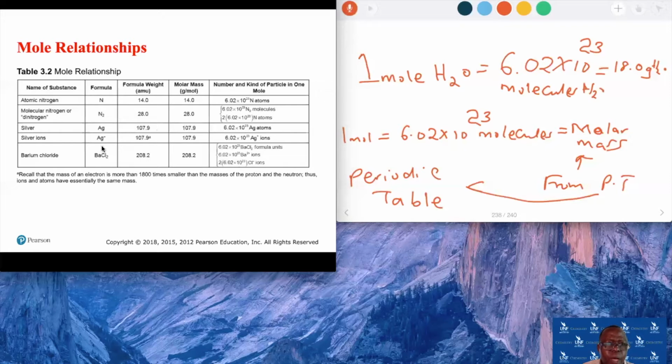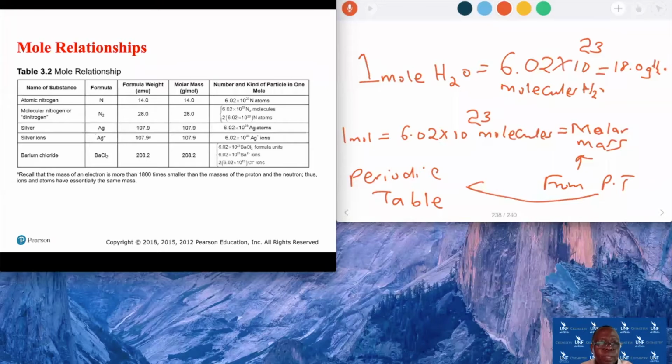Here, you may ask yourself, what is the difference between the silver ion and just a neutral silver atom? Even though an electron is missing here, all right? We'll see later on how a cation is formed by removing an electron.